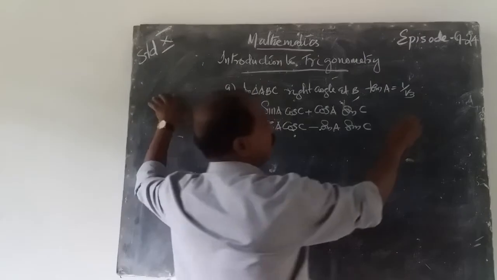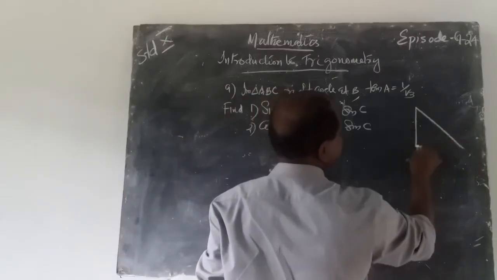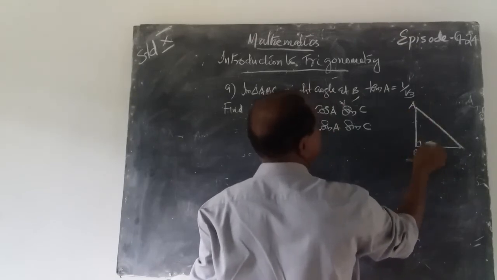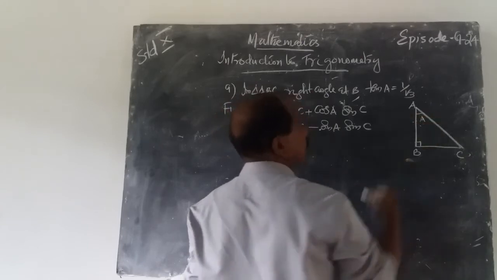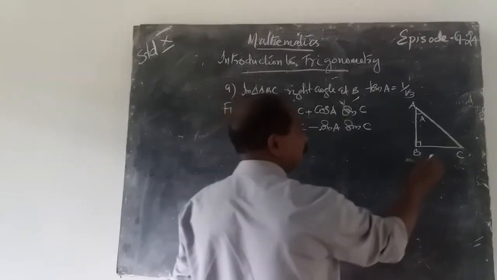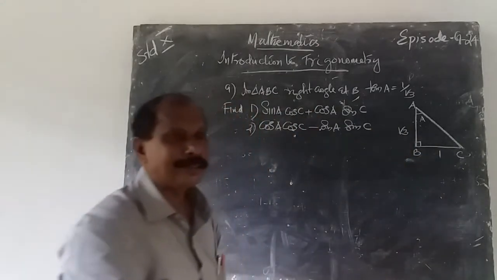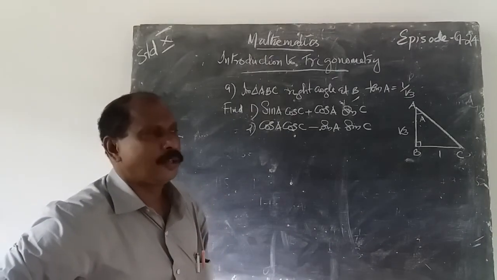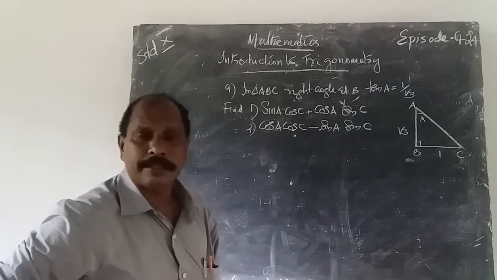Then we can write the result. A right angle at B. Tan A is equal to opposite side by adjacent side, that is 1 by root 3. We know that 1, root 3 are the sides of the triangle when one angle is 30 and the other angle is 60.